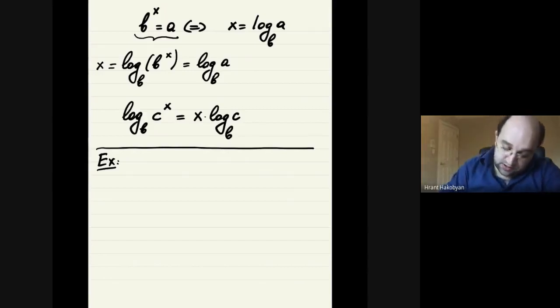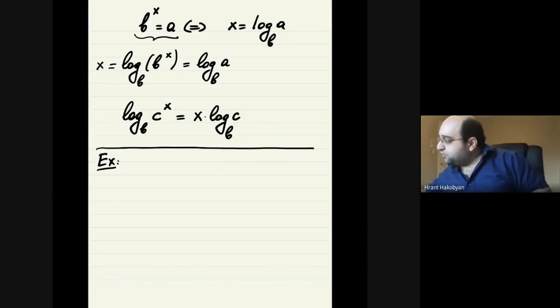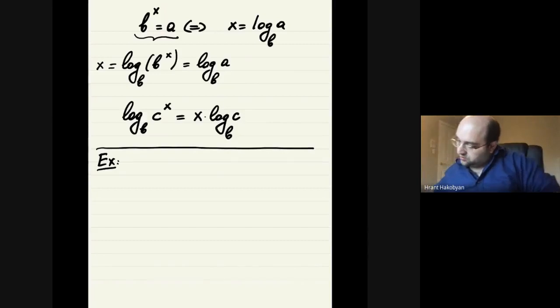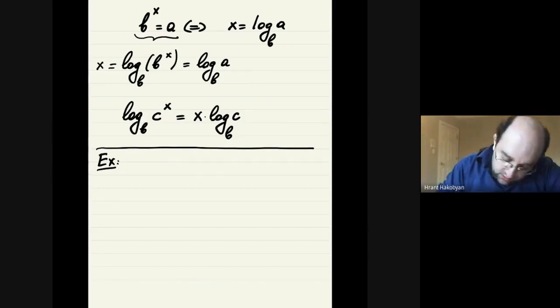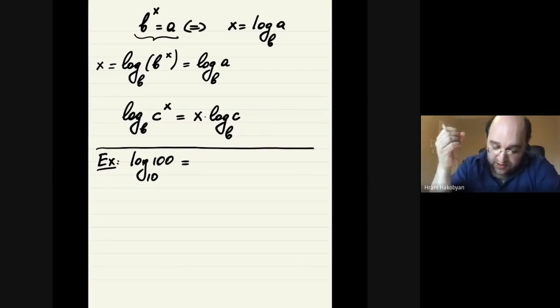For instance, let me take some examples from the book. I can take the logarithm of 100 with base 10. What's that? Well, that's the power I need to raise 10 to obtain 100.